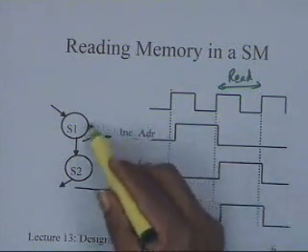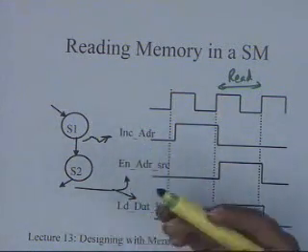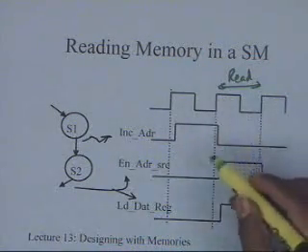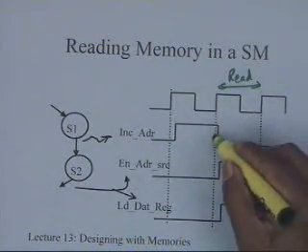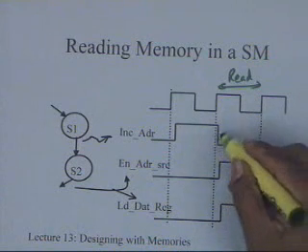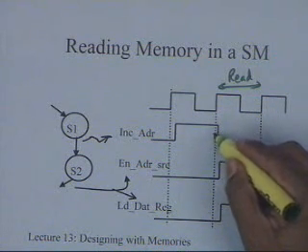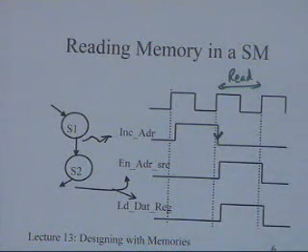Now I have to first of all make sure that by the time I perform my read, my address is stable. So my counter, if it is let us say a counter, can be active even at the falling edge, and the output will come a little later after the falling edge. That depends upon the delay of the counter, and that is when my address is going to be stable.